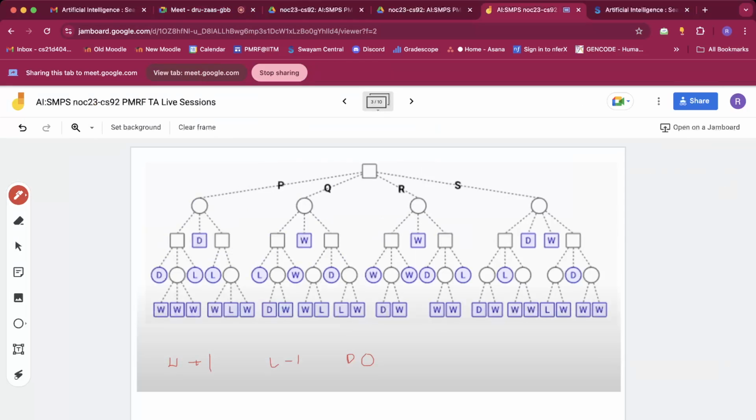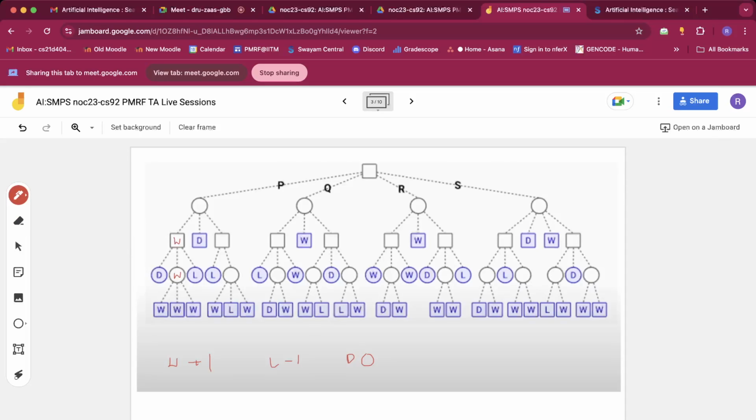So here the first node that we are encountering is a min node, and it has 3 children, all of which have W or win. So it has to choose from +1, +1, +1, so it will choose a win. Now this is a max node. This will try to choose the maximum value available, so it will choose from draw, win or loss. It will choose a win, right?